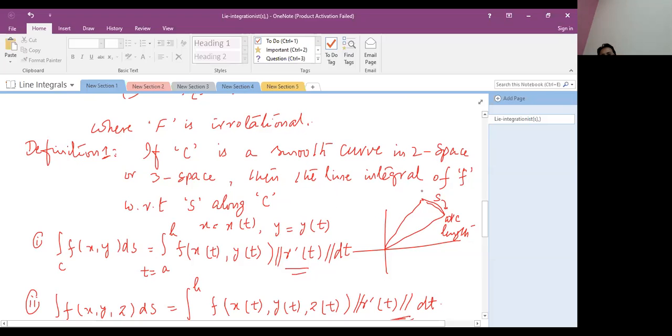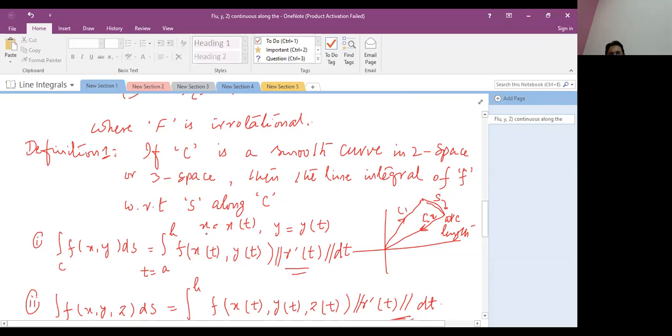If you find the line integral of f with respect to the given arc length, there are 2 different segments. It means if you define the curves C1 and C2, the arc length is represented by s.